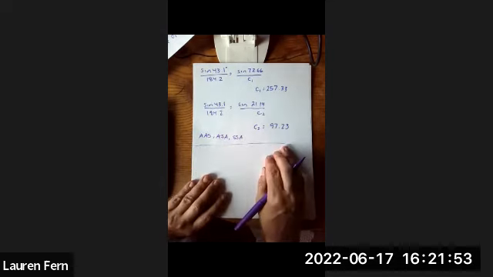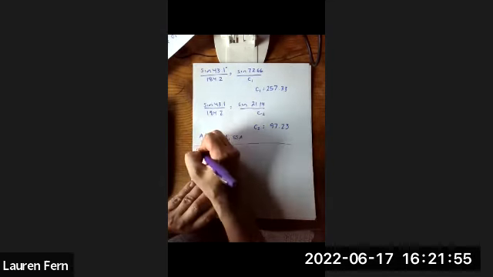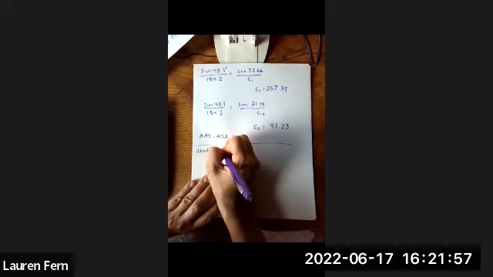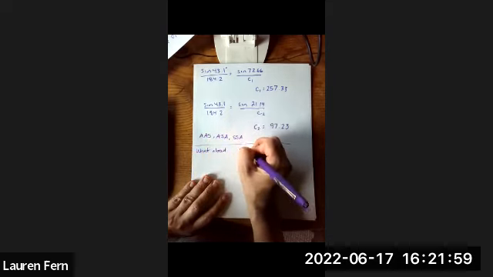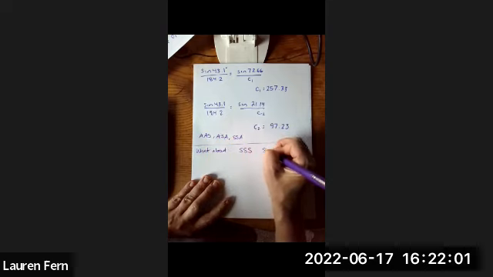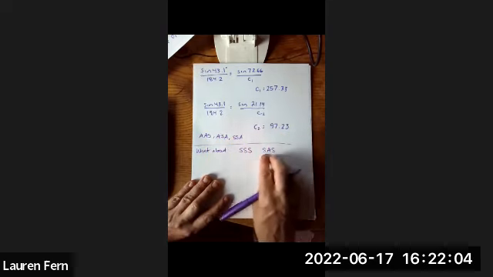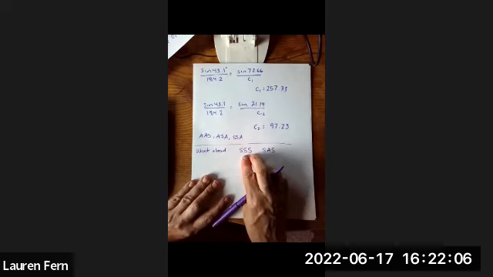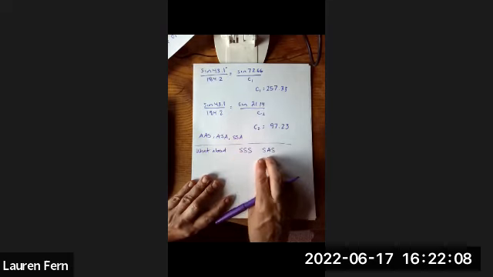But I claim, what about if we know side, side, side, or side, angle, side? If we have that information, the law of sines will not work.